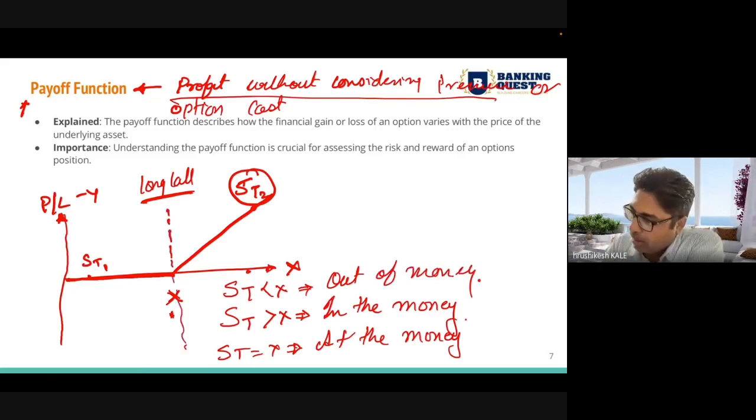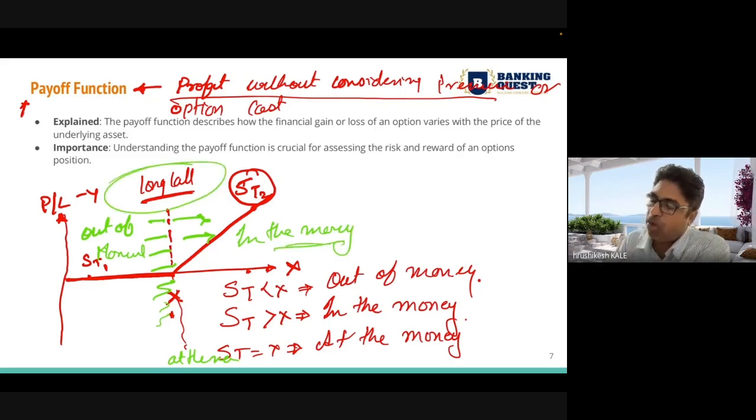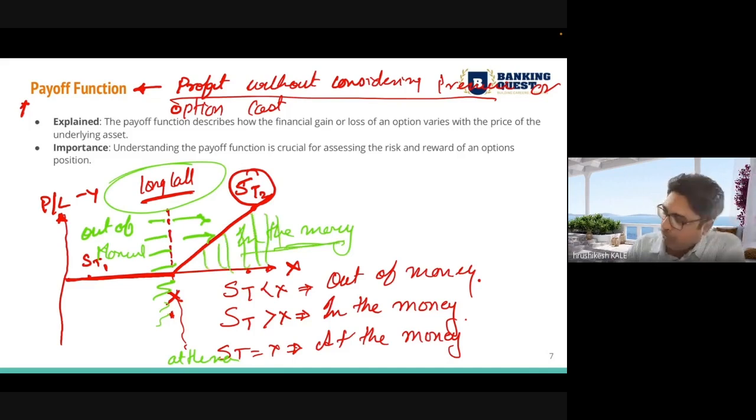So if you are on this line, then you are at the money. If you are on the left of this line, then you are out of the money. If you are on the right hand side, then you are in the money. Now, please understand this is for a long call. So if the long position is in profit, then you are in the money. That's the only thing which needs to be remembered.